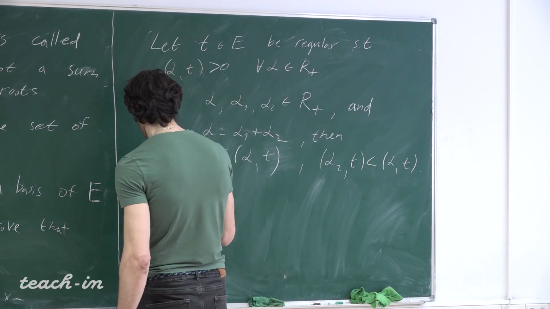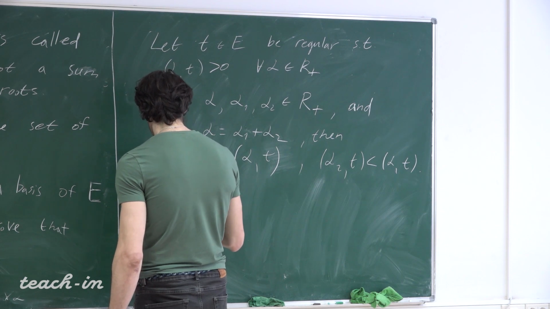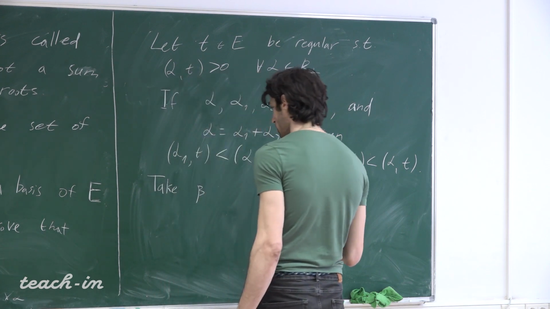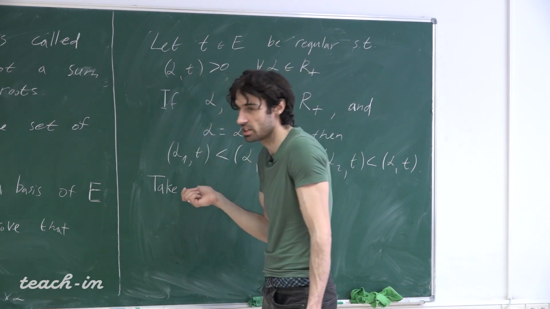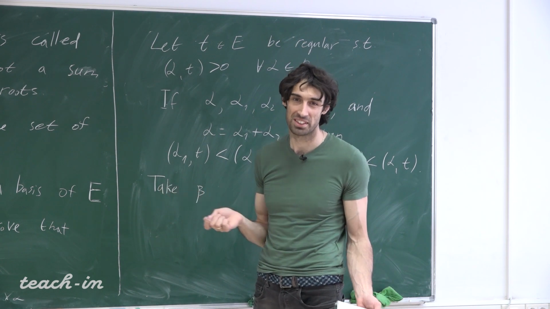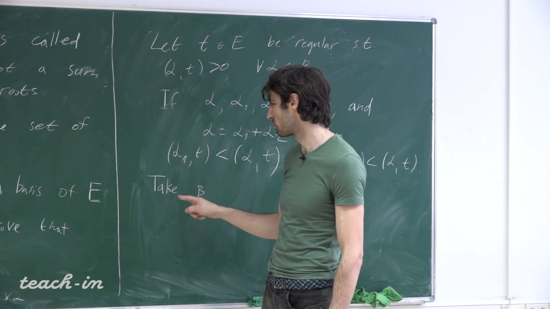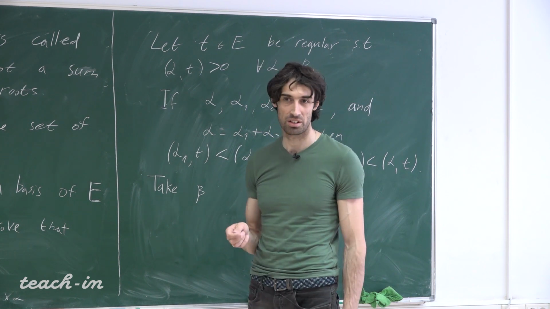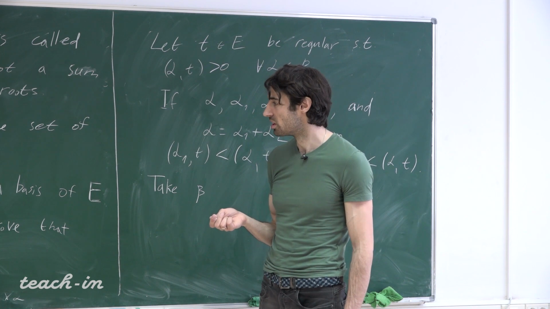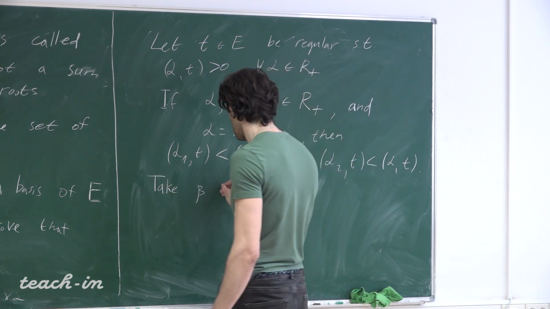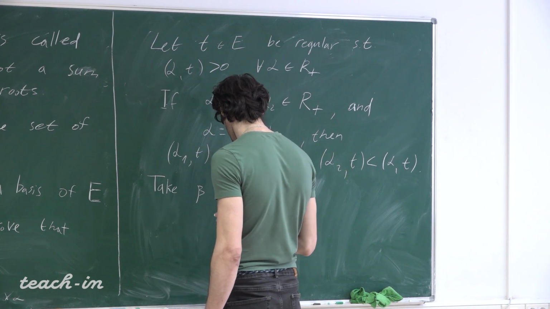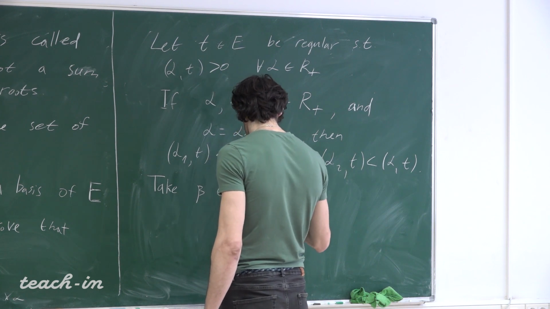So take beta. If it's simple already, then we are done, it's already a linear combination of itself. So our goal is to write beta as a linear combination of roots from pi. So we take it positive but not simple.